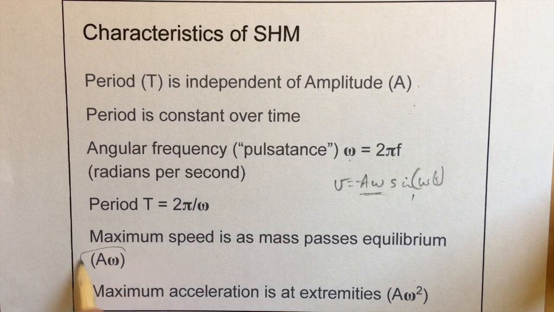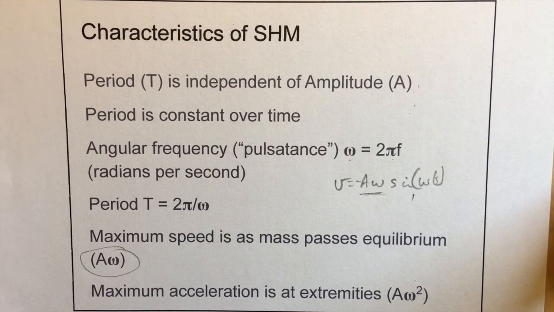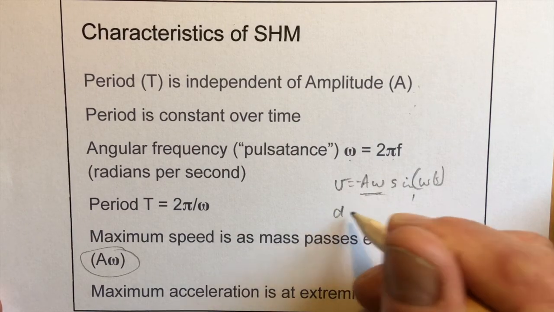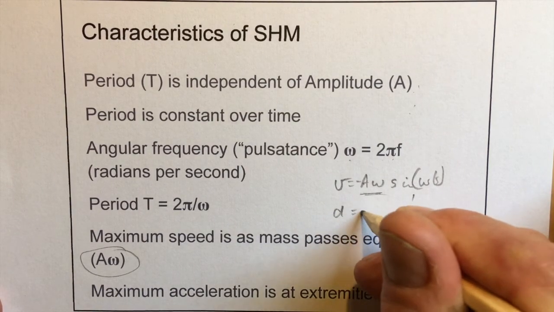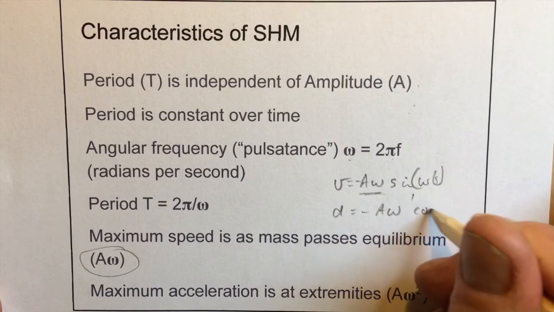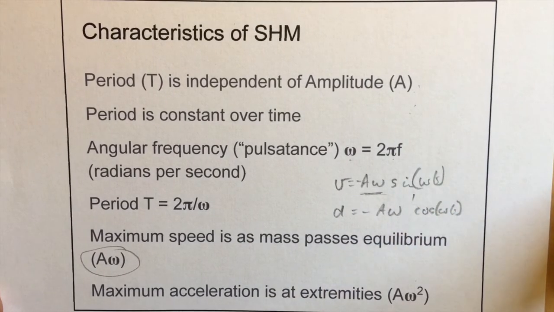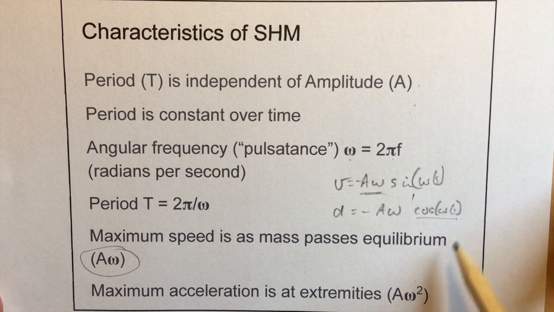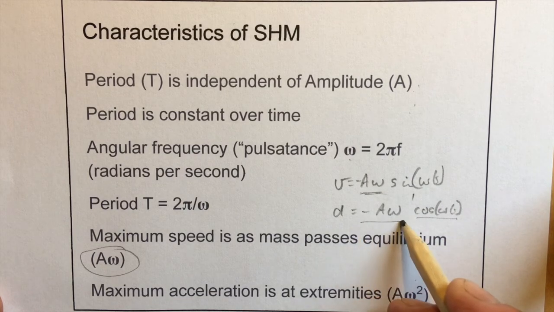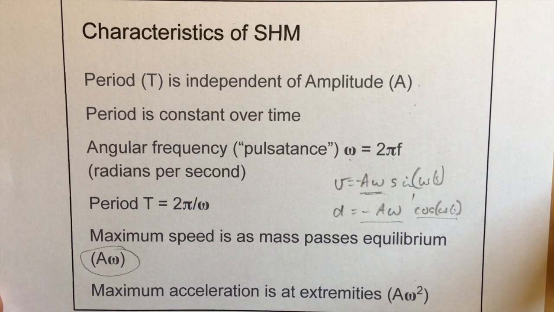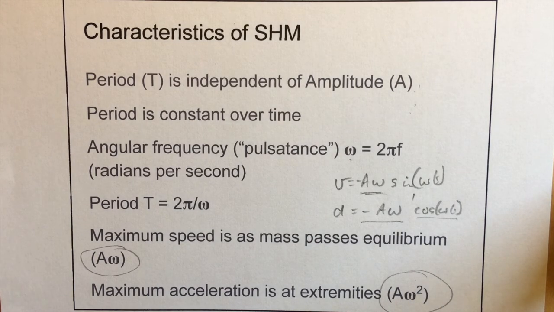So the maximum speed of the mass, and that's as it passes the equilibrium, is a omega. If you remember, acceleration was minus a omega squared cos of omega t, what we had before. So in that case, if cos is a maximum of 1, then the maximum value that the acceleration can be is a omega squared, which is that value down there.